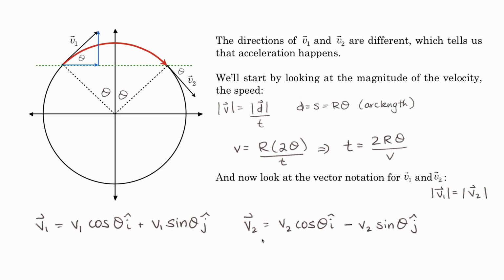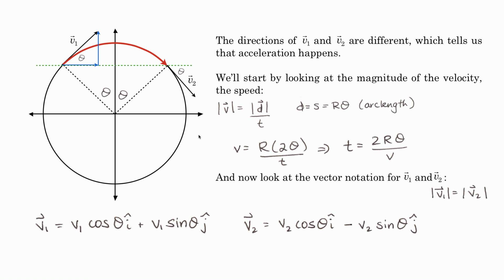We can do the same thing for v2, which is this one over here. Its component will be v2 cos theta i hat. But then we introduce a negative sign here because the j hat component of this vector, v2, is pointed downwards.